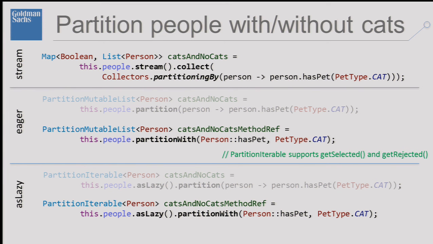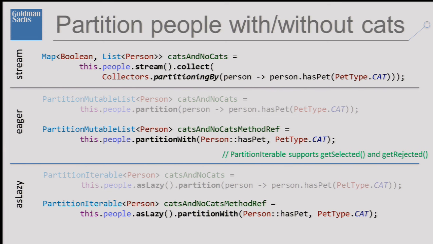Partitioning. I mentioned earlier that one of the collection types that we have is a partition. And this is an example of where you can use it. So in Java 8, you would use a partitioning collector where the key of the thing that you're inserting into the map is a Boolean to say whether or not the person matches. And you would end up with two lists of people, one of which is stored in the map with the key true, and the other with the key false.